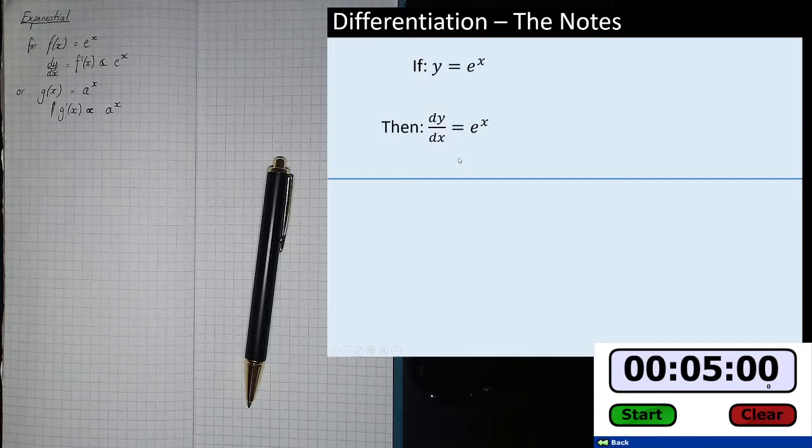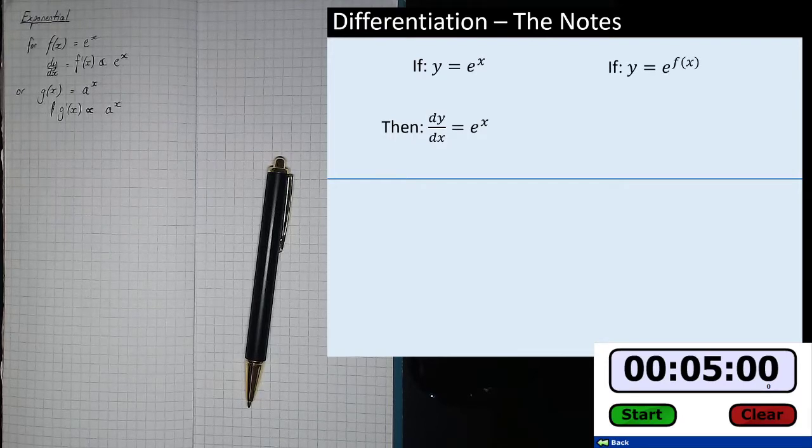If we have a straightforward exponential graph, then the gradient, the derivative, is exactly the same at that point. So if we were looking at when x is equal to 2, the derivative would have the same value as the y value that it currently has. That makes sense.